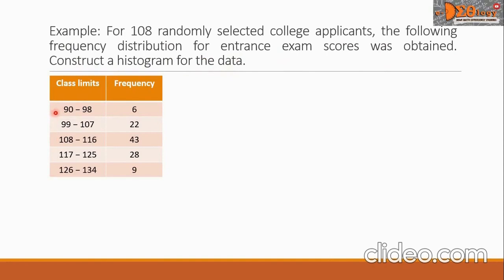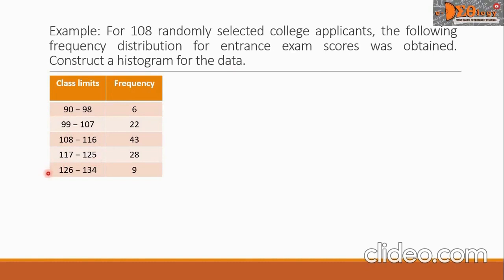The first class interval is from 90 to 98. The second class interval is from 99 to 107. The third is from 108 to 116. The fourth class interval from 117 to 125.